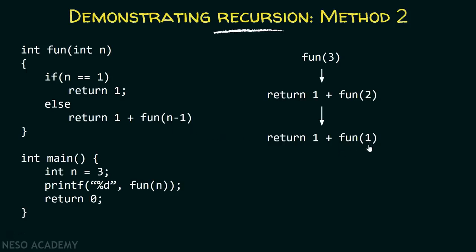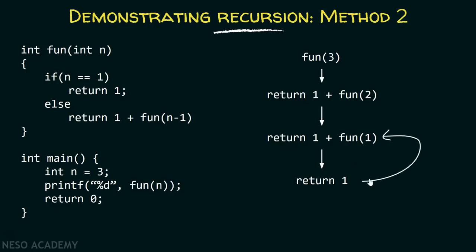Now the control transfers to fun1 and n is equal to 1 and 1 is equal to 1, which means true. Therefore, this is the statement which will get evaluated by fun1 and hence we write this statement over here, return 1. Return 1 means we are returning value 1 back to the caller, which means we are returning back to this particular place.